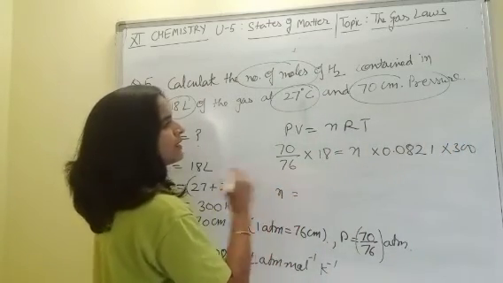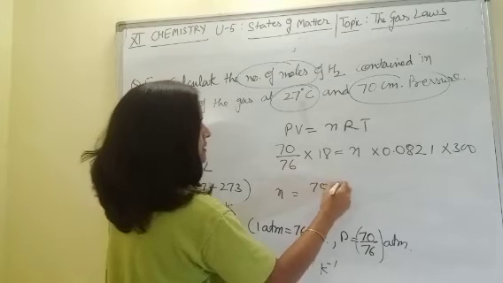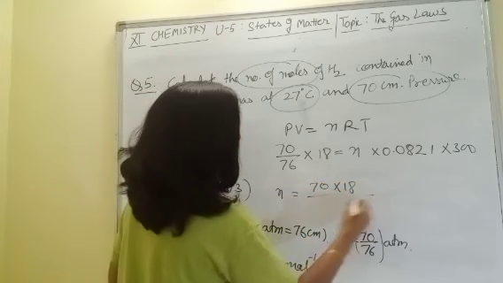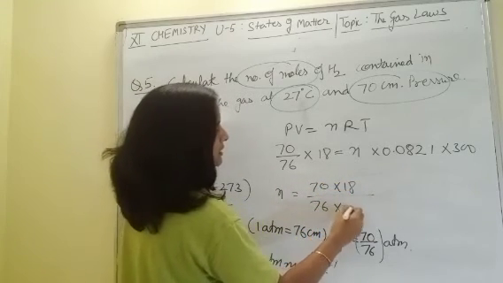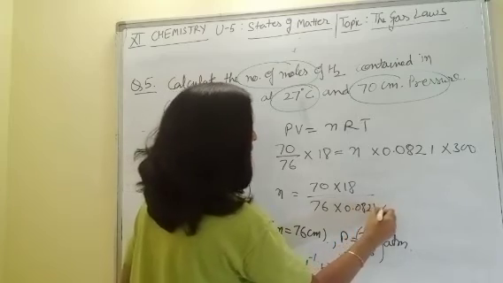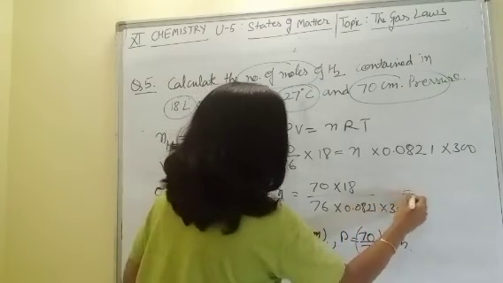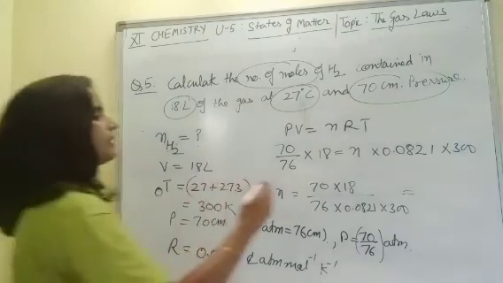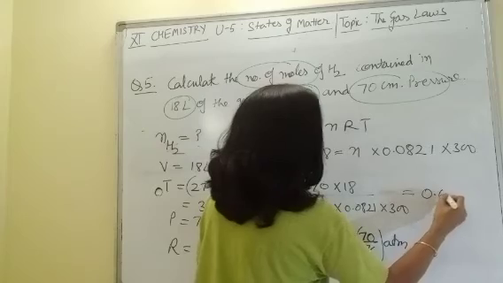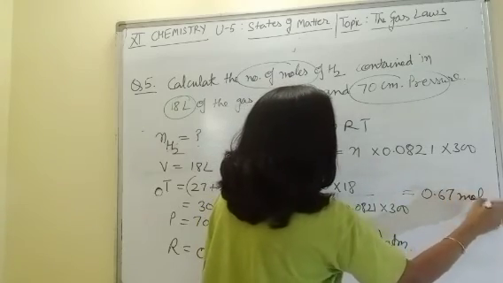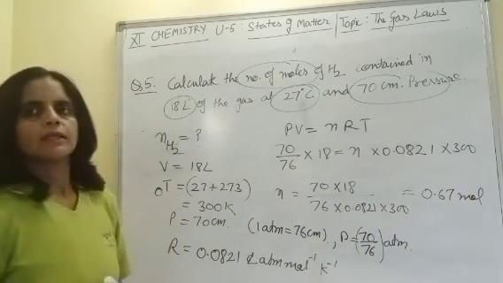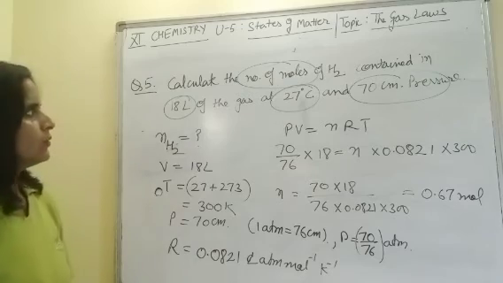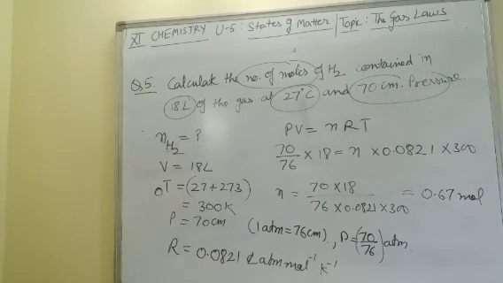So n will be equal to 70 into 18 divided by 76 into 0.0821 into 300. Solve it to find the number of moles of hydrogen, and on solving we will be getting 0.67 mole of hydrogen. Understood this thing? Now let us start the next question.